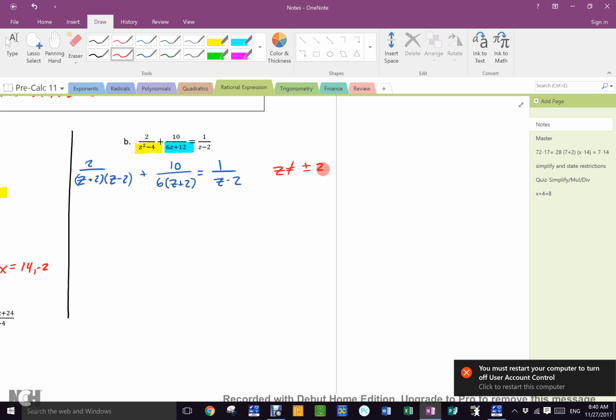So now, what's next? We've simplified. There's nothing to cancel. What is our next thing to do? How, indeed, are we going to add those two rational expressions? What must we do in order to add two rational expressions?